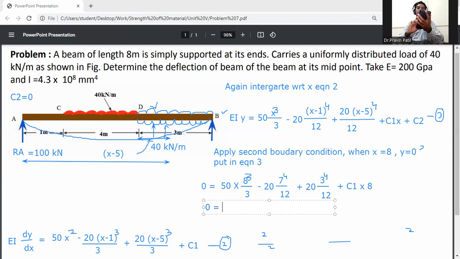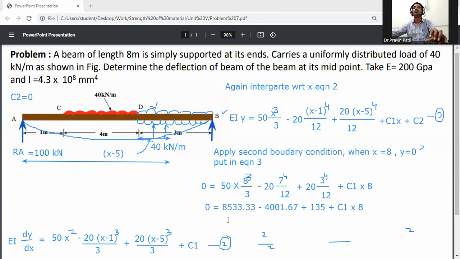So 8 raised to 3 divided by 3 into 50, this one is 8533.33, then minus 7 raised to 4 divided by 12 into 20, so minus 4001.67, then plus 3 raised to 4 divided by 12 into 20, 135, then plus c1 into 8.